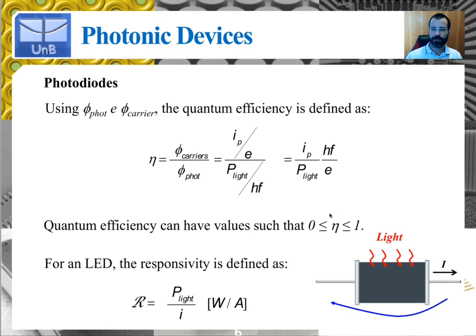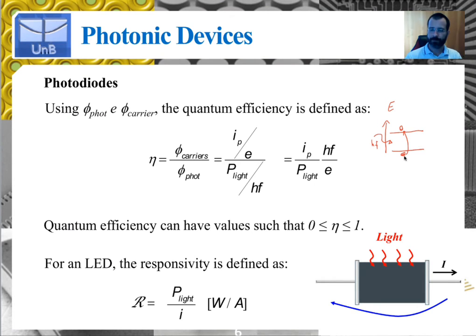And what does this mean? So in the process of carrier generation by absorption, we have an absorption of light with energy hf, which generates an electron hole pair because the electron gains energy and rises up to the conduction band.